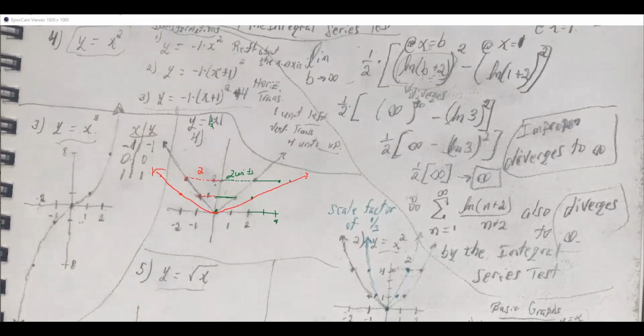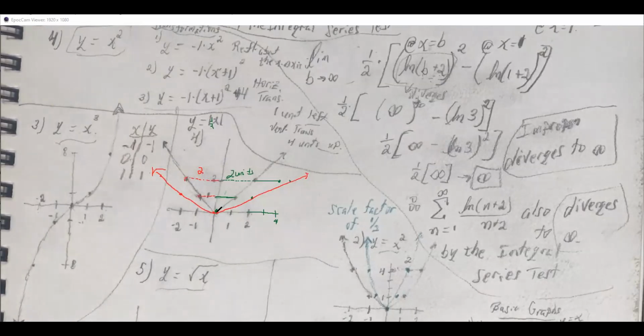So that would be stretching it, right? That's a horizontal stretch from the y-axis. The distance of these points on the original absolute value graph is being stretched by a factor of 2, a multiplied factor of 2, or a scale factor of 2, which is why this now opens up more.